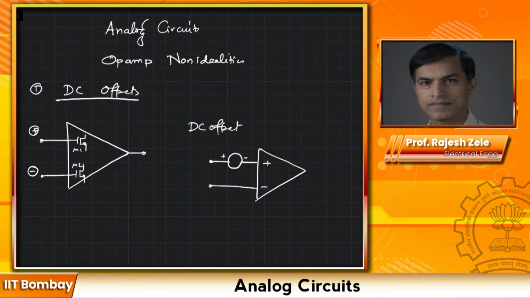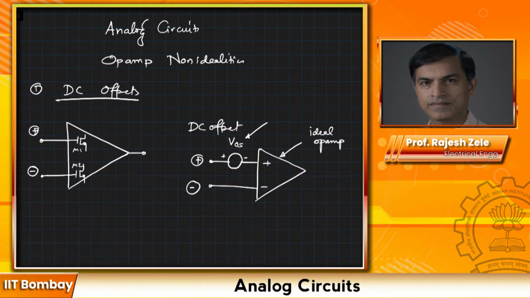This offset voltage could be as small as microvolts, millivolts, or tens of millivolts, depending upon the types of devices used. So we insert this offset voltage at the input of the op-amp, which quantifies the mismatch between the two inputs. And this is your ideal op-amp, with plus and minus terminals.